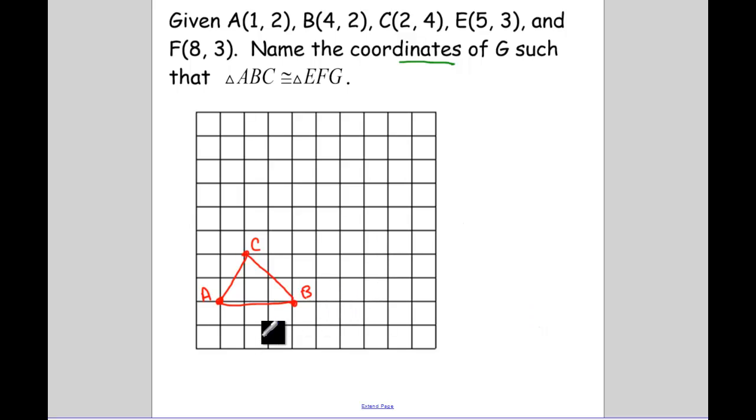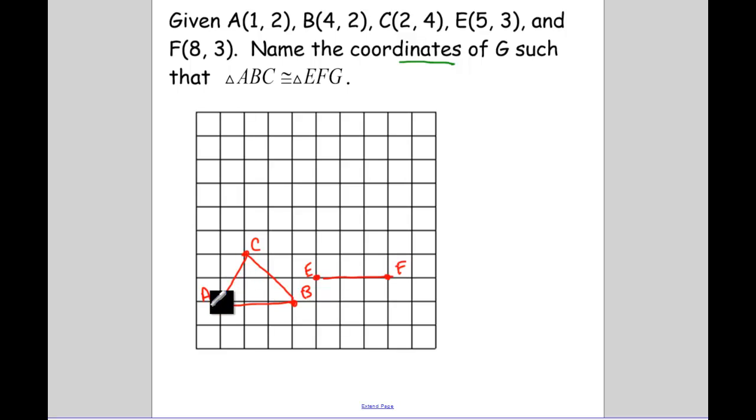So E is equal to 5, 3. So that's point E. F is 8, 3. So I'm at 5, 6, 7, 8.